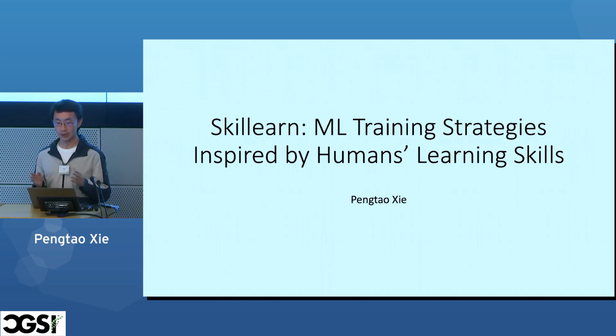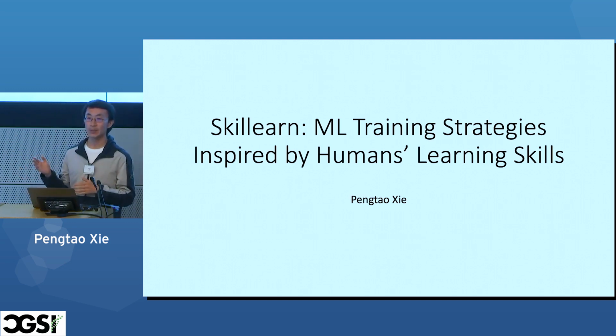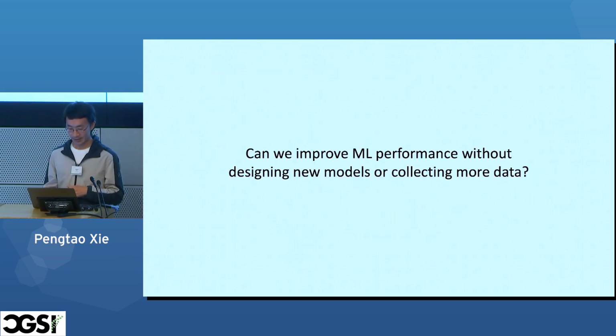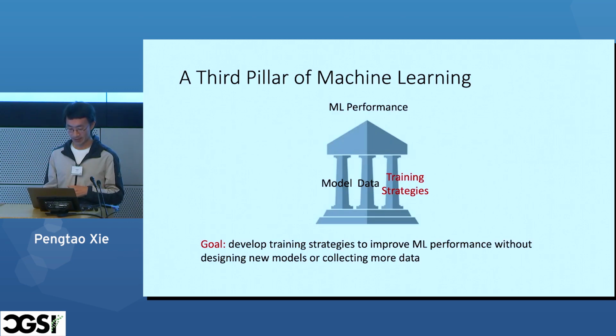It is called Skillearn, basically a general framework that leverages inspirations from human learning to get some training strategies for improving machine learning models. The goal is we want to develop training strategies to improve the performance of machine learning models without designing new models or collecting more data.